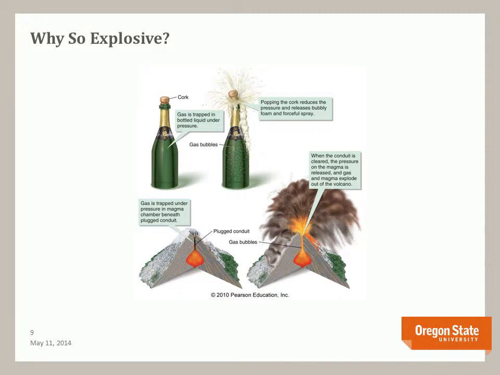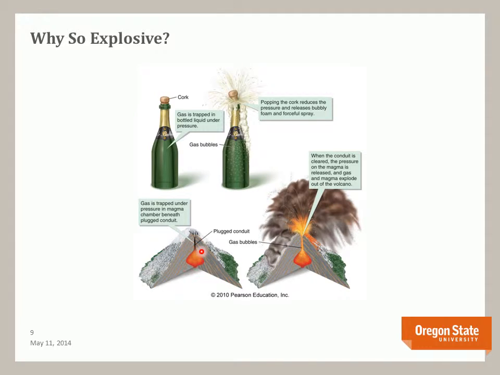This slide shows a model for why volcanoes that have a high gas content, which are generally higher in silica, are explosive. So here's the model. It's a champagne bottle, and here is the model of a volcano. During non-eruptive periods, the vent to the crater is plugged.